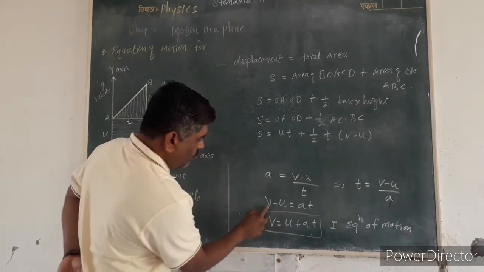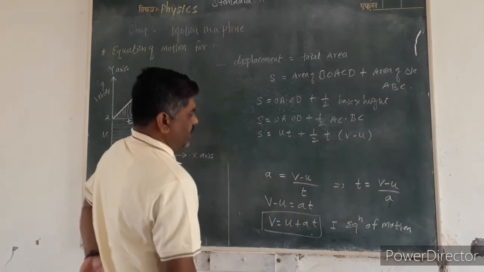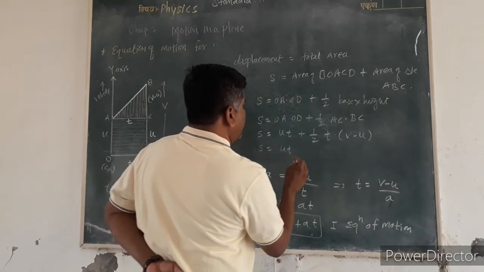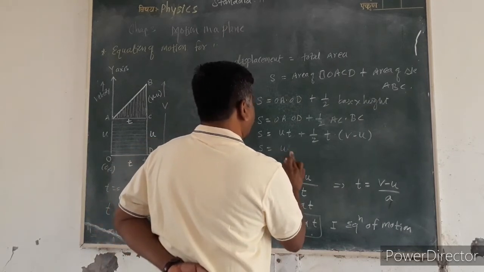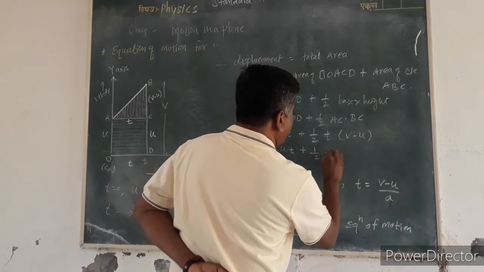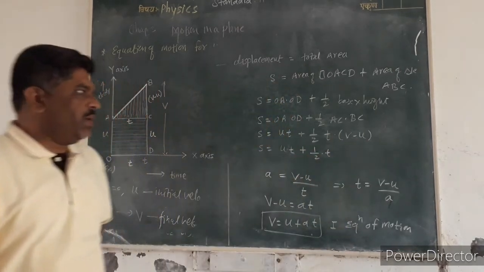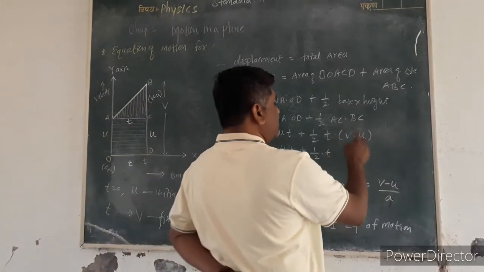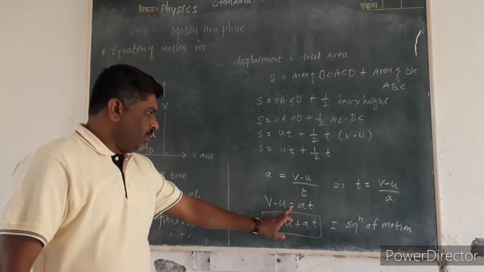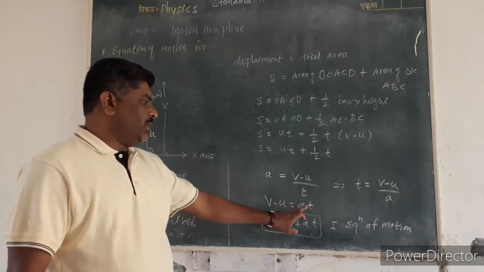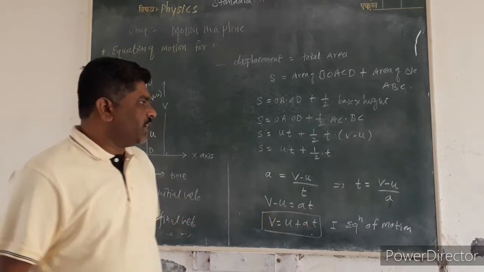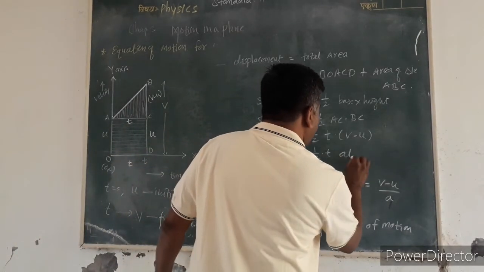From this equation, v minus u is equal to at. Instead of v minus u, we can put the value at.